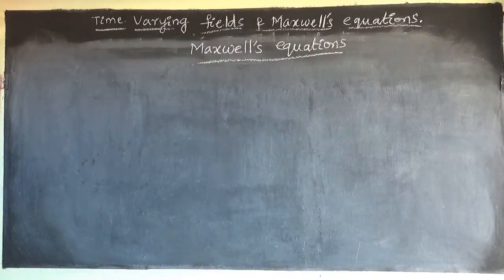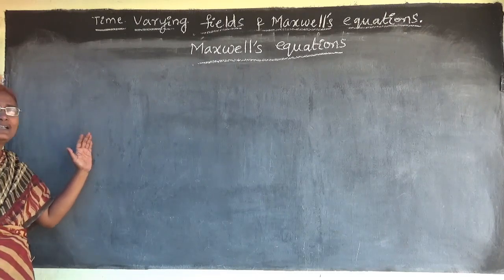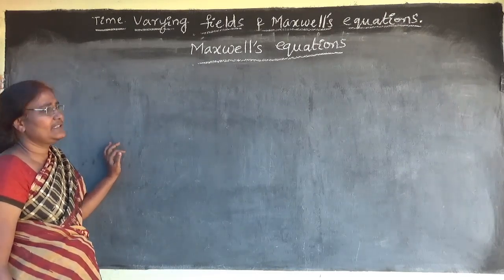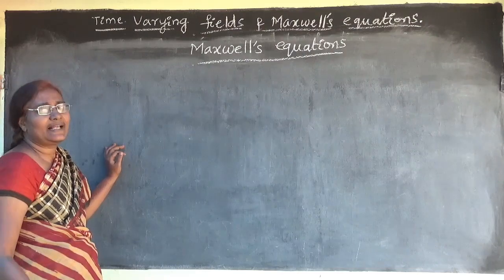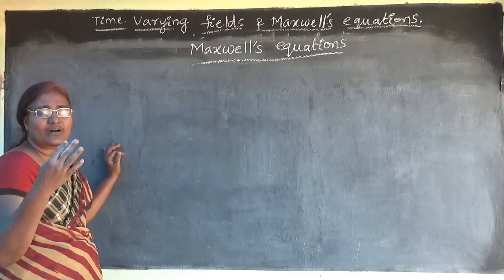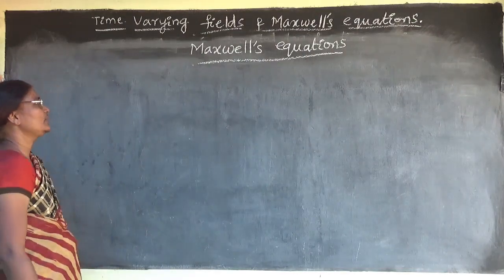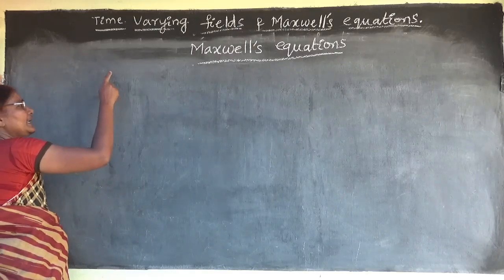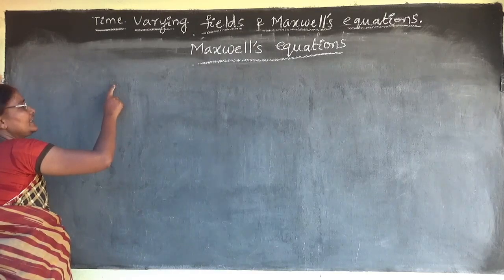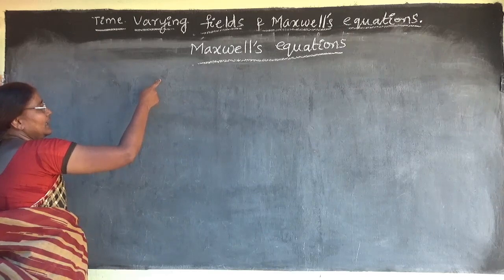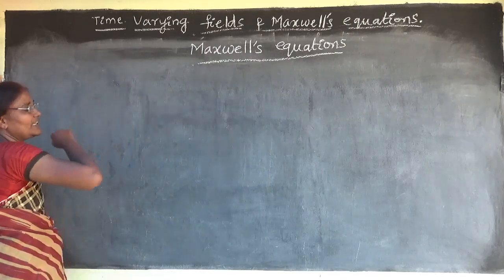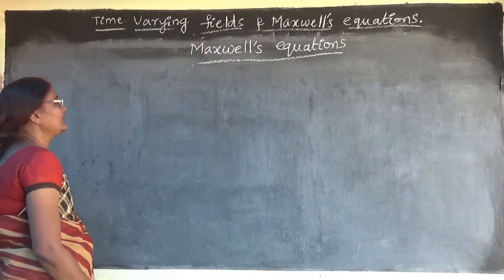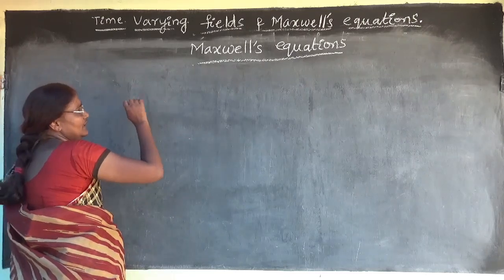So we learned that in static magnetic and electric fields, we get electric field and magnetic field quantities independently. That means if you know the static electric field, you can't find the magnetic field created by it, because they are independent of each other.